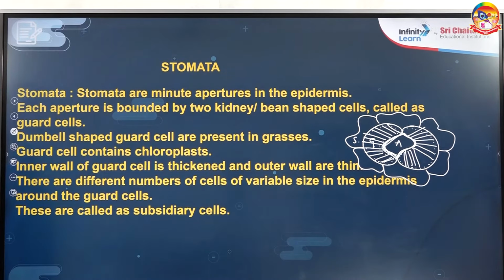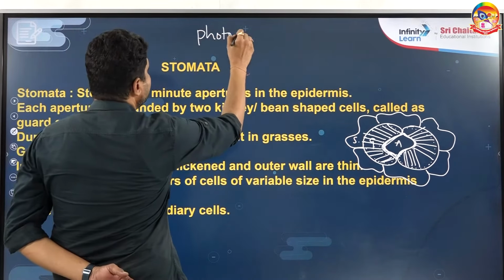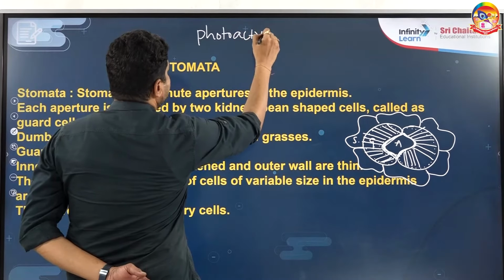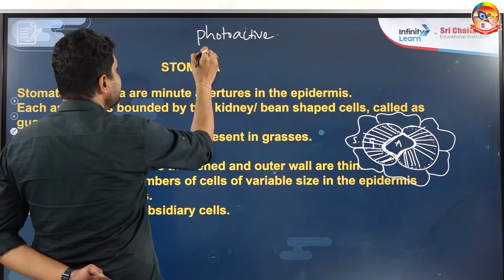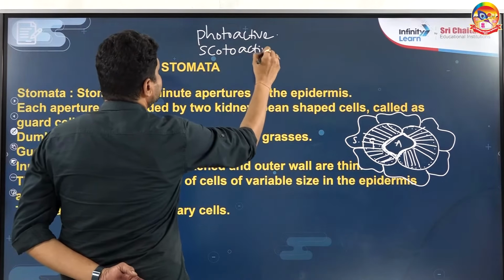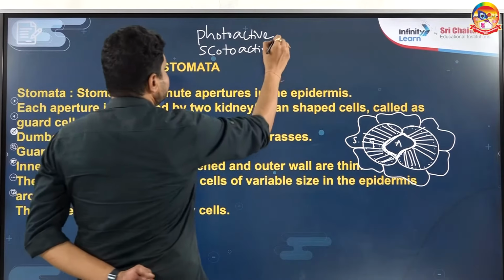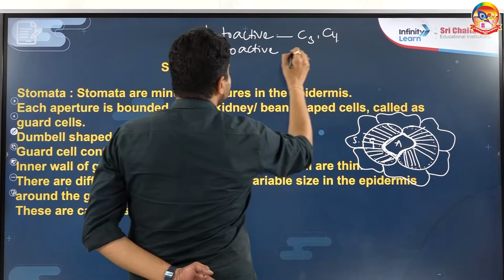The stomata that open in daytime are called photoactive stomata. Stomata that open in the night time are scotoactive. Photoactive stomata you can see in C3 plants and C4 plants.